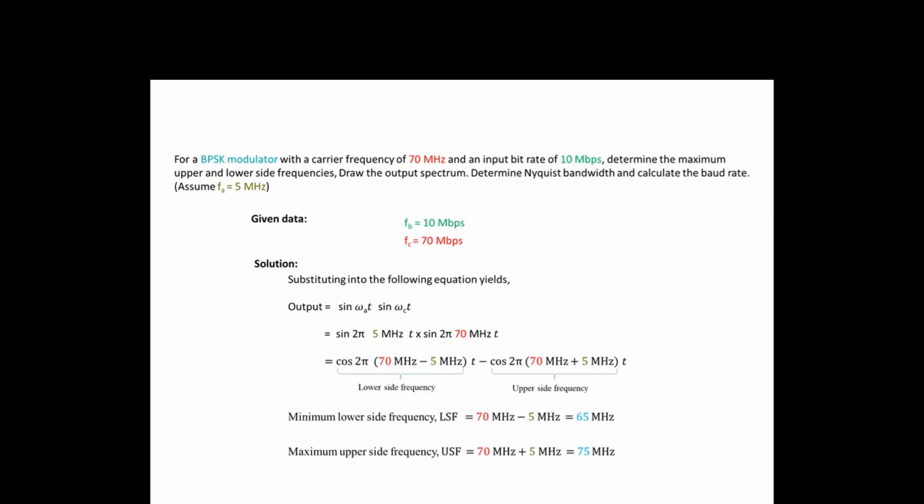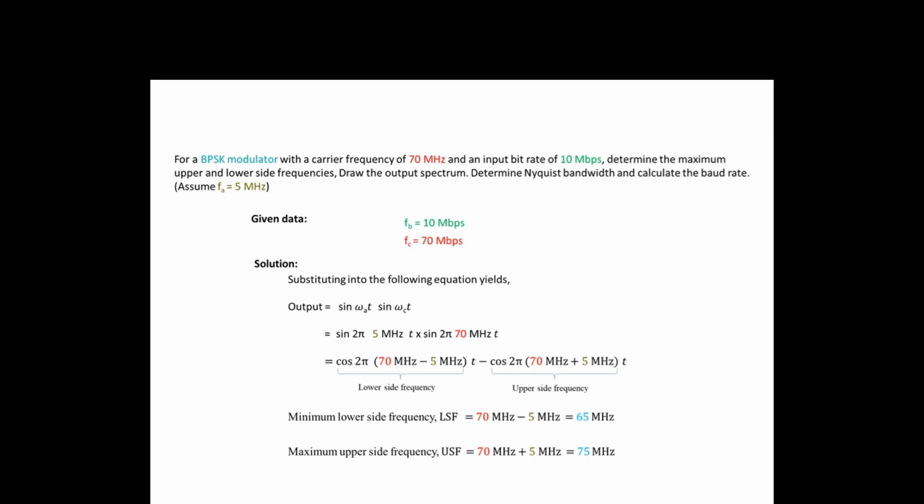Next we'll see this topic. The first thing is to consider the problem for a BPSK modulator with a carrier frequency of 70 MHz and an input bit rate of 10 Mbps.